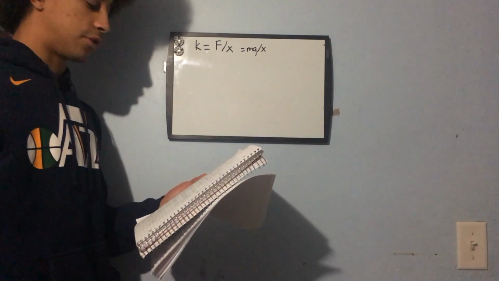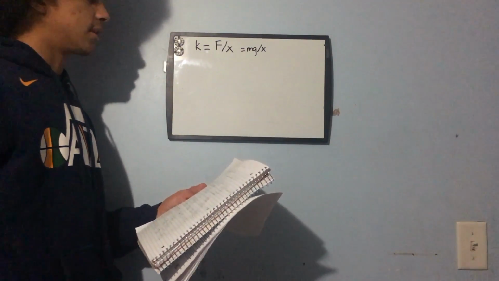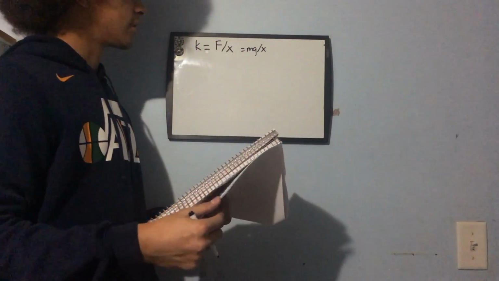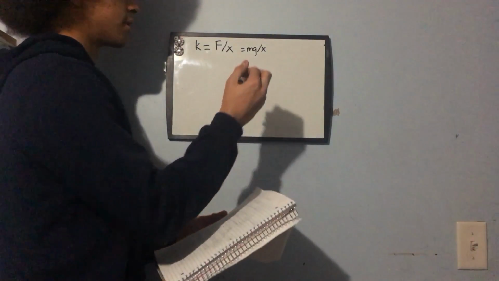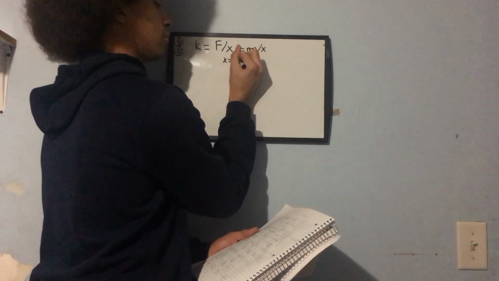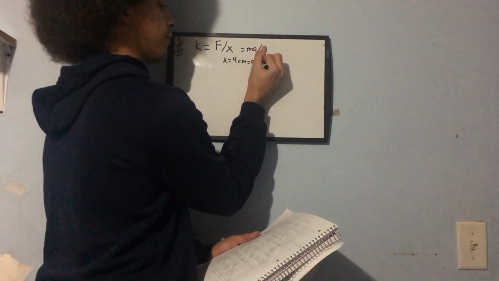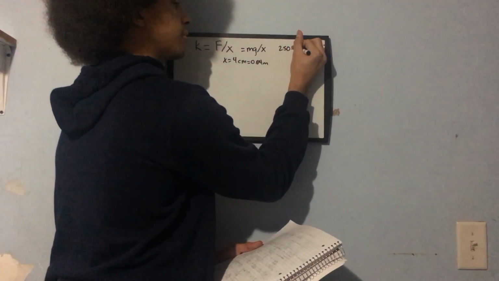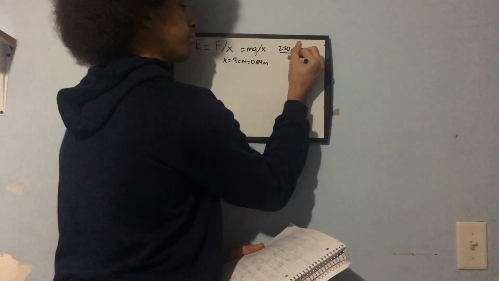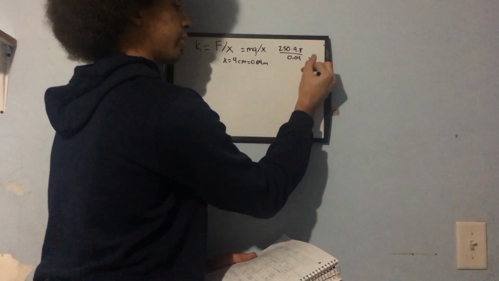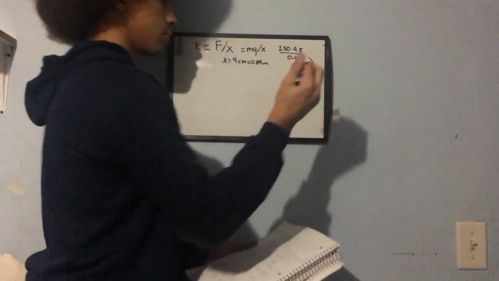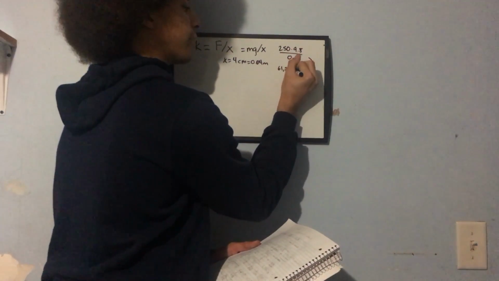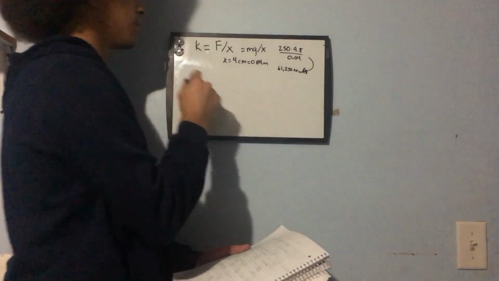Their mass is 250 kilograms and the acceleration of gravity is 9.8 meters per second squared. And the distance that they compressed the car was 4 centimeters, which is 0.04 meters. So we do 250 times 9.8 over 0.04, and we get 61,250 newtons per meter for k.